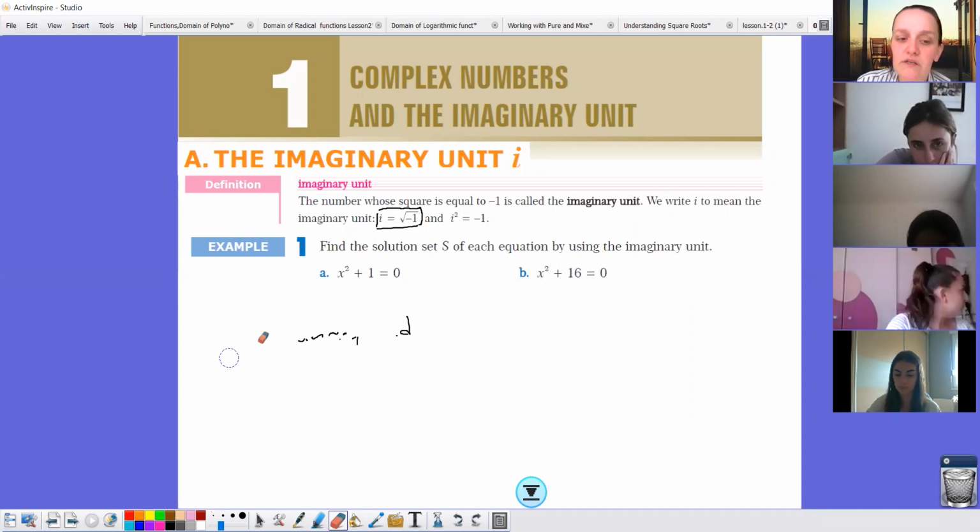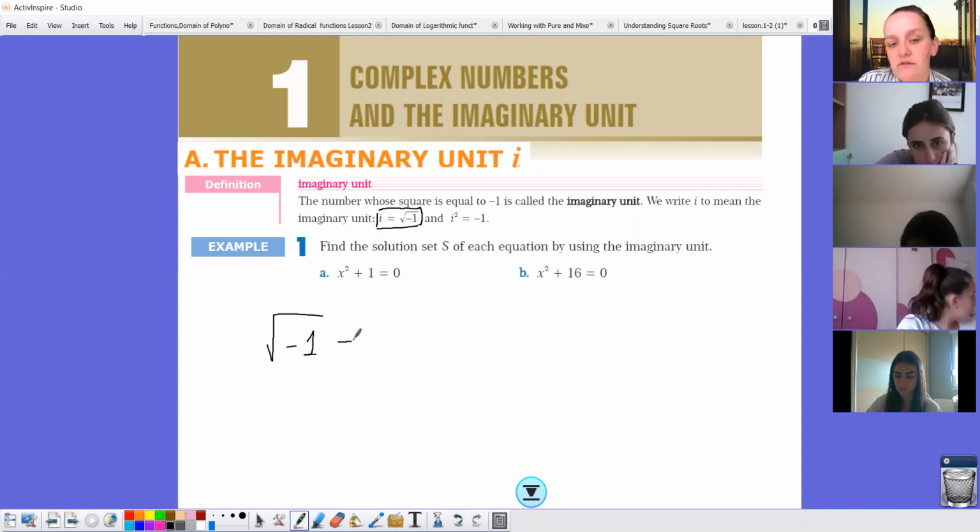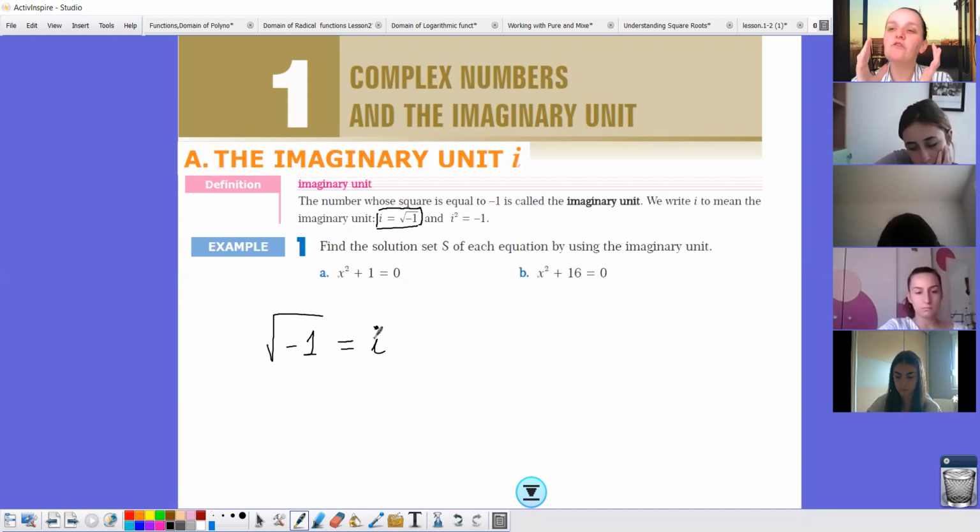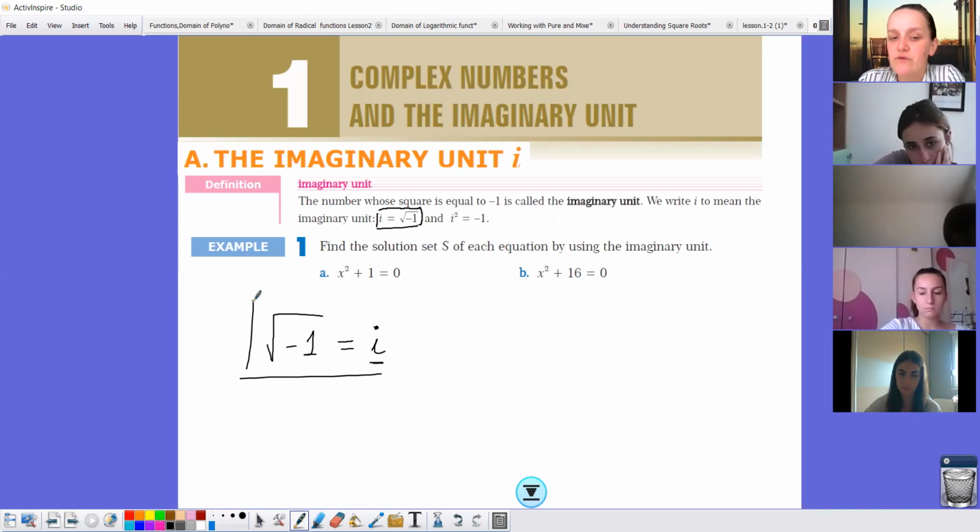One more time, I will write it bigger. Root of -1 is the imaginary unit. The key of complex numbers is this one, i. Root of -1 is called the imaginary unit.